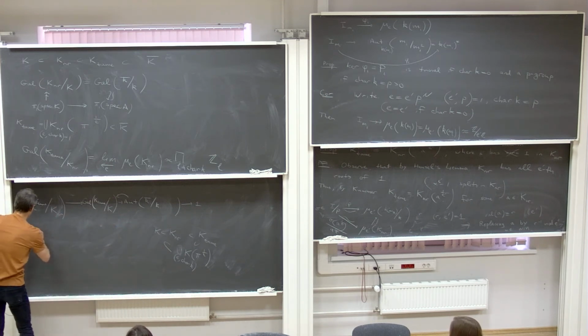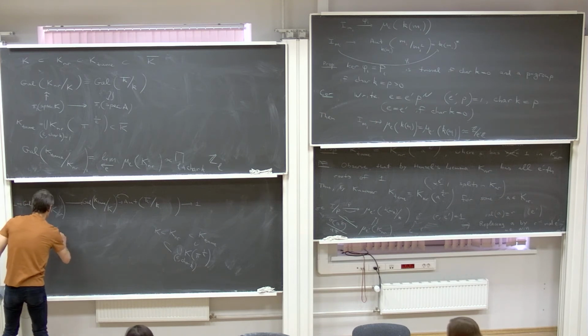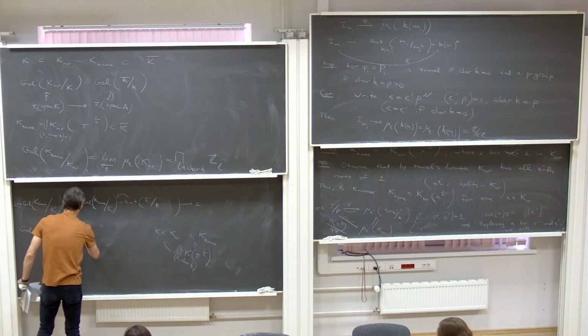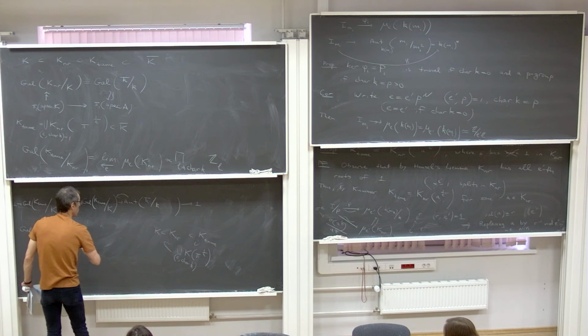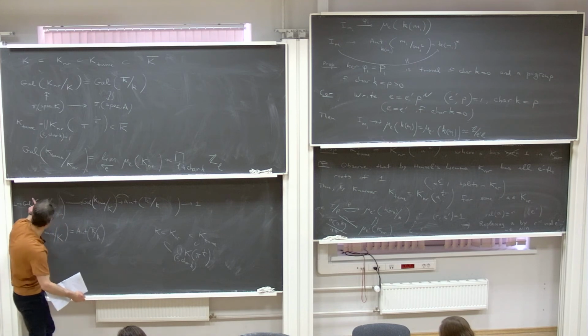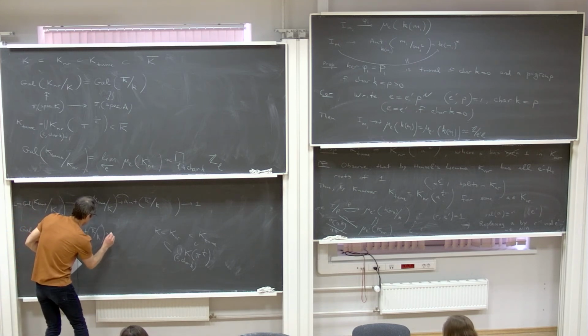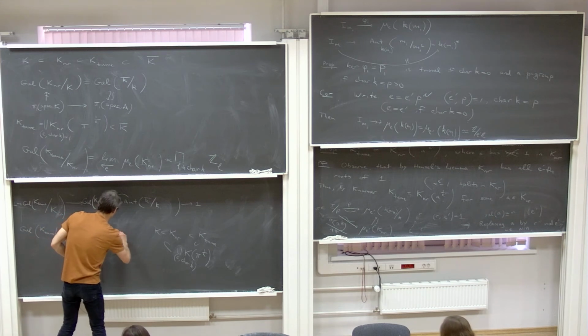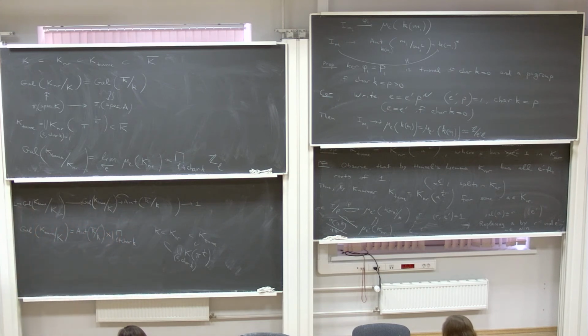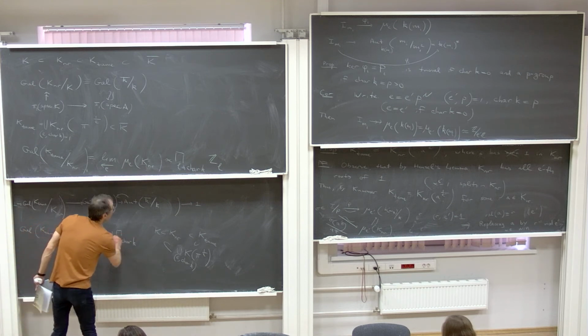But abstractly, this Galois group is isomorphic to the semi-direct product of the Galois group of K bar over K and this group, which is a normal subgroup. And I will put the product over l not equal to the characteristic of K of Z_l.